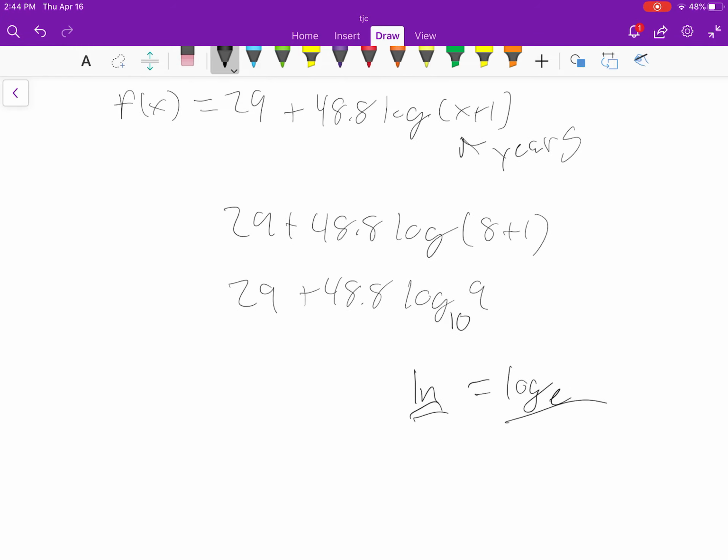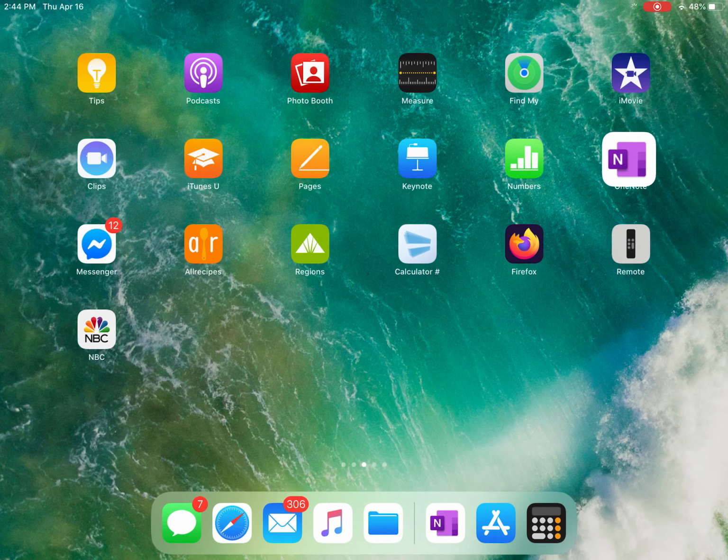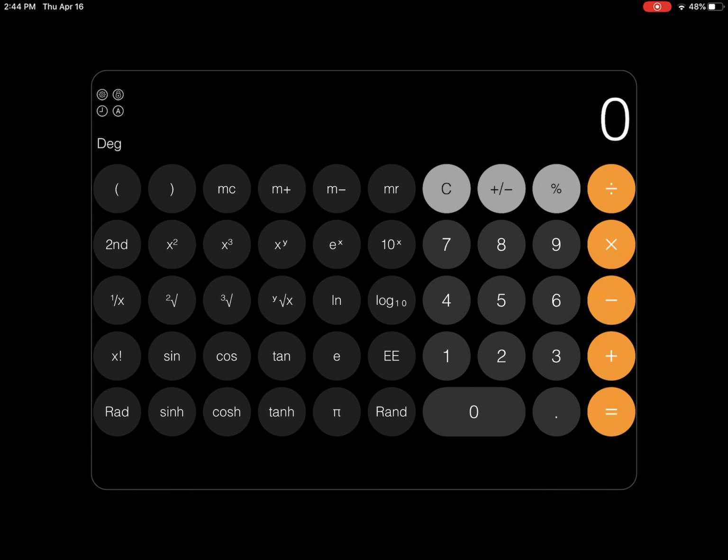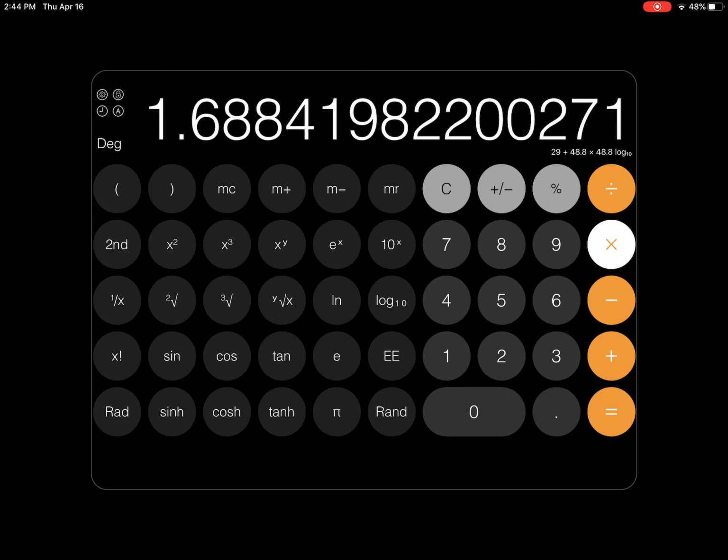So now I'm going to show you how to calculate this, so I'm going to switch over to my calculator. I made sure I pulled one up this time, and it has log base 10. You can see it in the center here. So you're going to plug in 29 plus 48.8 times log, oh, see, it doesn't work here.